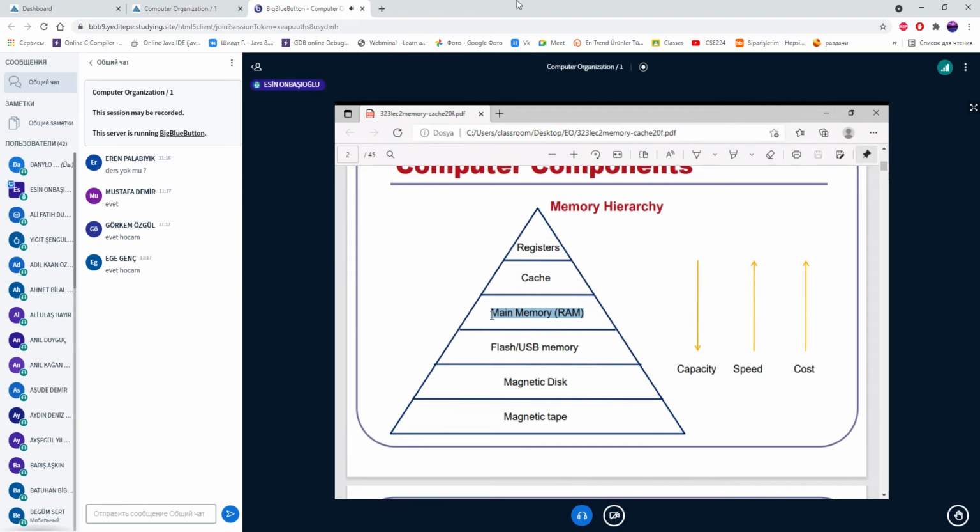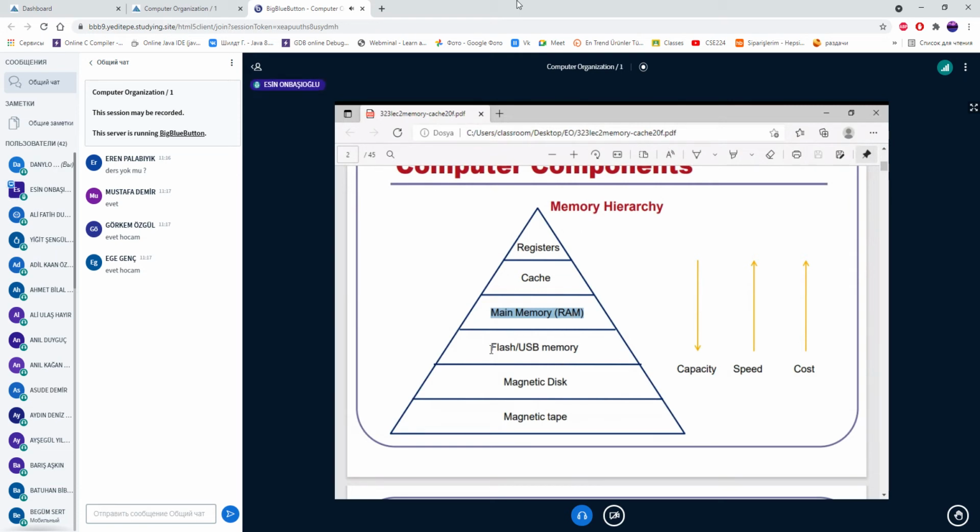When we talk about memory, we talk about RAM, random access memory, because we want to write to the memory and also we want to read from the memory. And we specify a memory address and only that memory address can be operated.